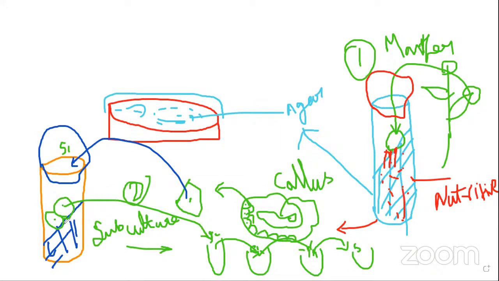When you do the serial dilution methodology, otherwise called serial subculture, what happened? In the first there are impurities, say 60% here, 40% here, 20% here, and only 5% of impurities will be obtained here.